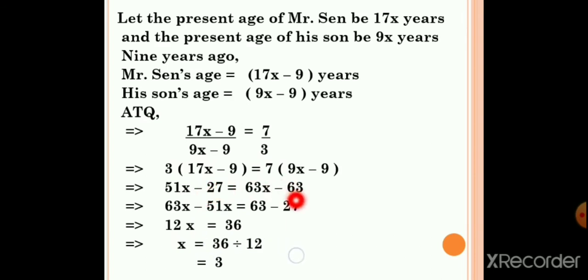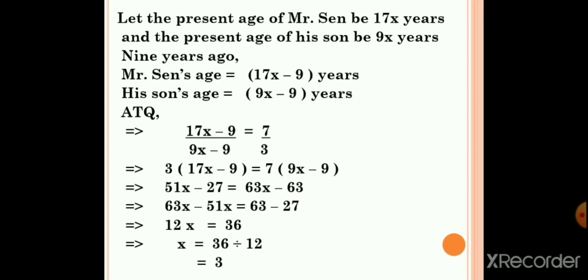So let us bring this 63 to the other side, so it will become 63 minus 27. After subtracting, on the left hand side we get 63 minus 51 is 12x, which is equal to 63 minus 27, which is 36. So 12x equals 36. Therefore, x equals 36 divided by 12, which is equal to 3.